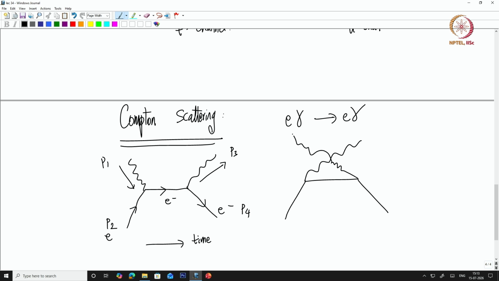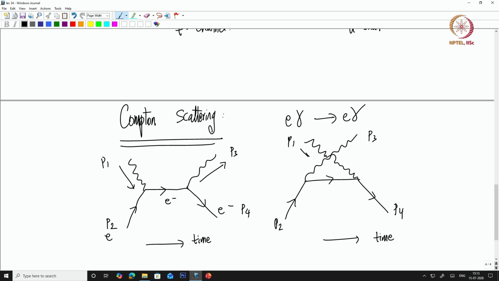This photon is not wiggling properly, so let me draw it again. Very good. So, this is again P1, P2, P3, P4, this electron coming in, coming out, and this is time.